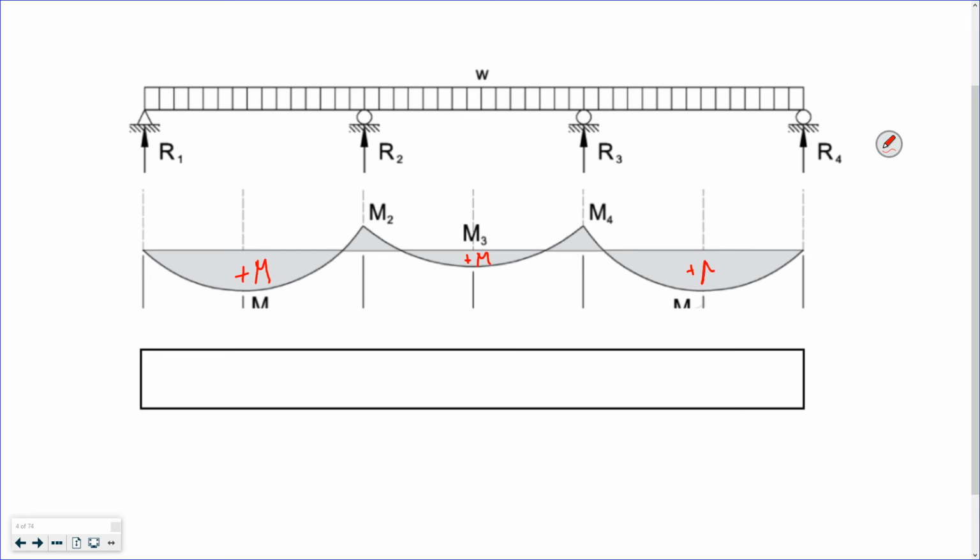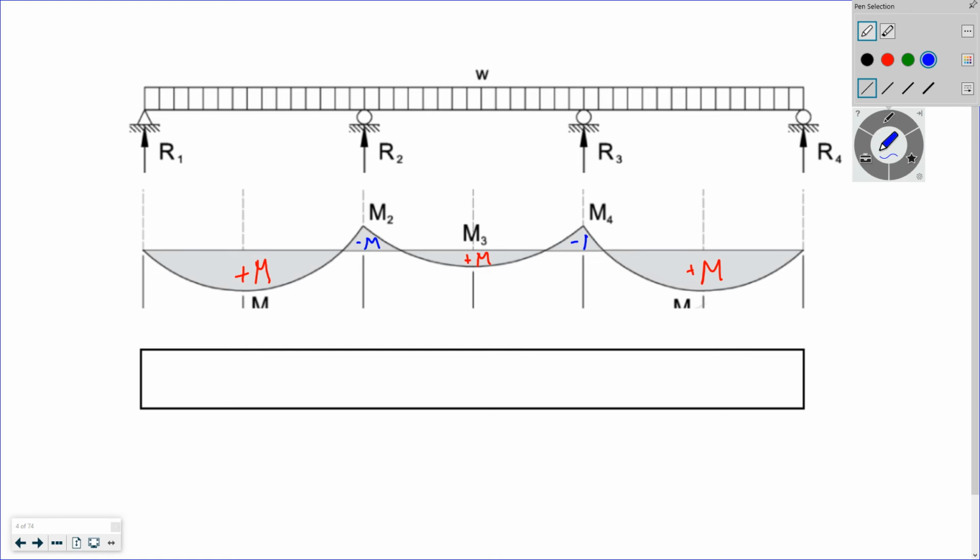Positive meaning it makes a happy little face, right? And then we'll have our negative moment at the supports in the middle.